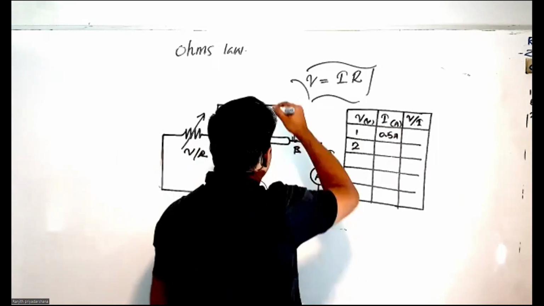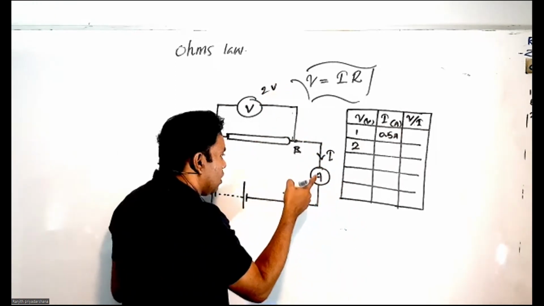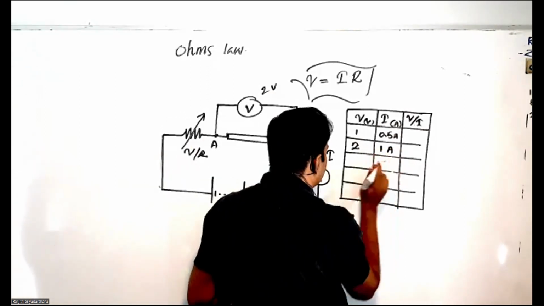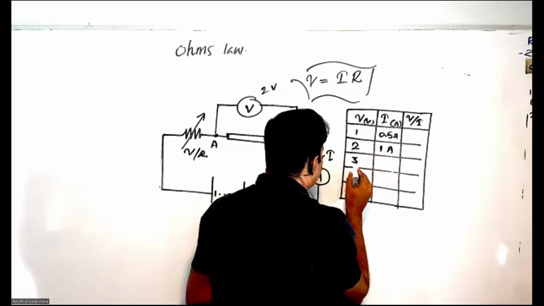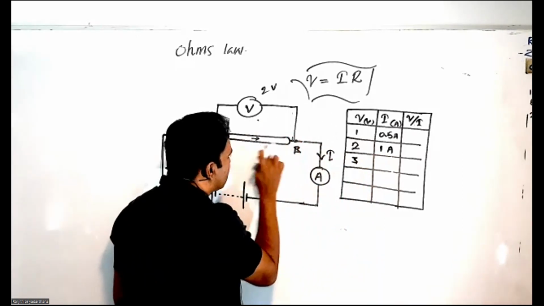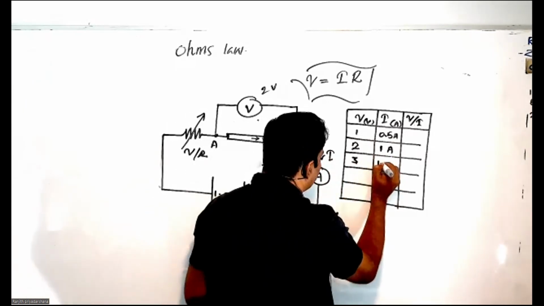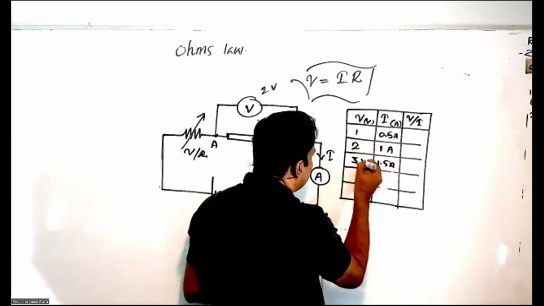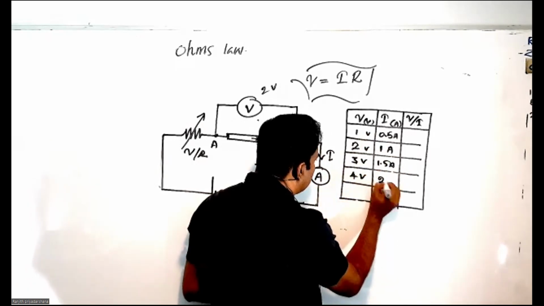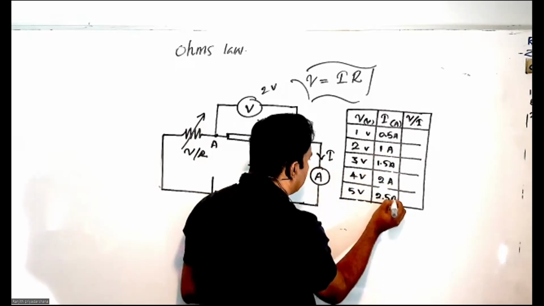Then when you read this as 2 volt, we can check whether the electric current is 1 ampere. Likewise, when the voltage supply is 3 volt, the electric current that passes through this conductor can be read here, that equals 1.5 ampere. Likewise, in different voltages, when it becomes 4 volts, this becomes 2 ampere. When it becomes 5 volt, it becomes 2.5 ampere.